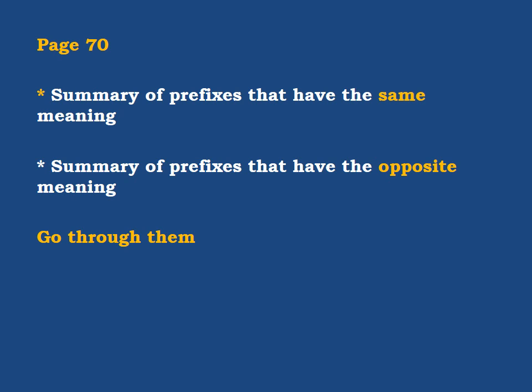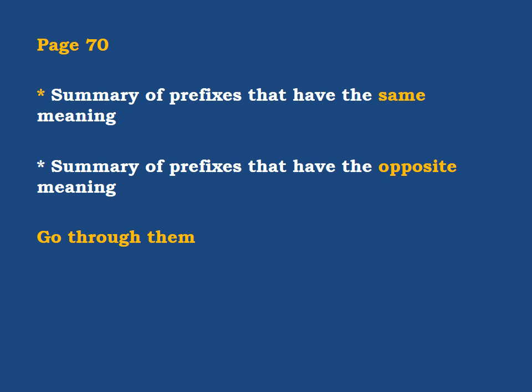For example, if you look at epi, hyper, supra, all of them have the same meaning, above, but of course, as we said earlier, we cannot use one in place of the other in a term. If you go down, you can see the rest of the prefixes. If you put them in groups like this, it helps you to learn the meanings.